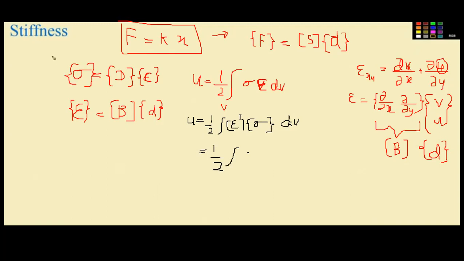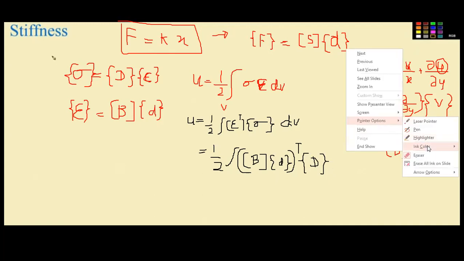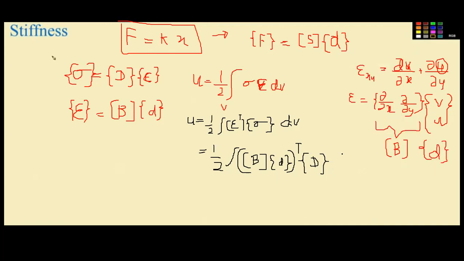And you can write this as B D epsilon naught. This epsilon naught you can again write as B into d, right? So I'll erase this epsilon naught and write it as B into d.